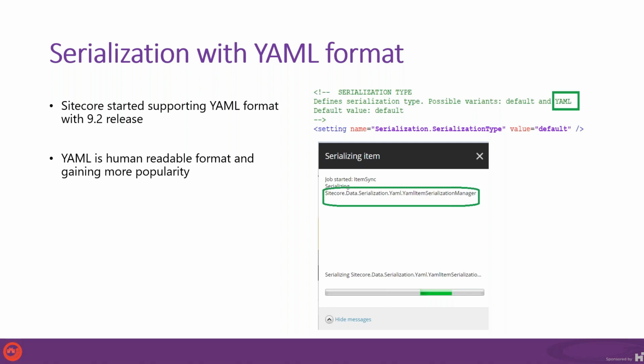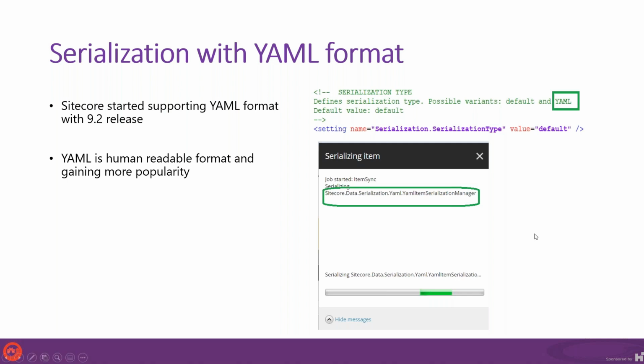For instance, Rainbow serialization, which is used by Unicorn, also uses the YAML format. It's kind of like a JSON structure and it's more human readable and getting more popular. That's why Sitecore also started providing an option for using YAML.